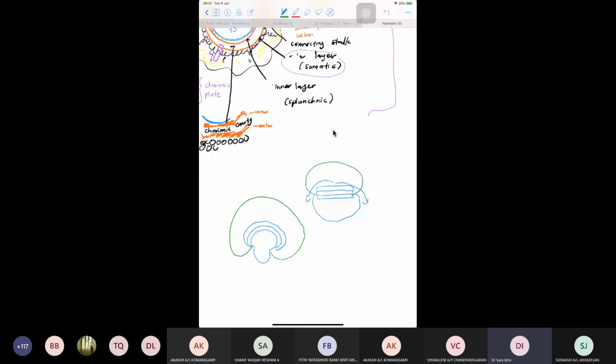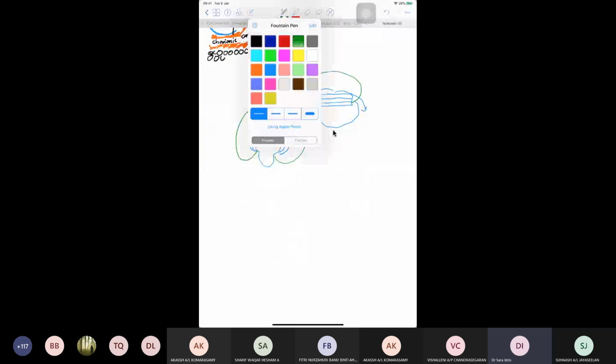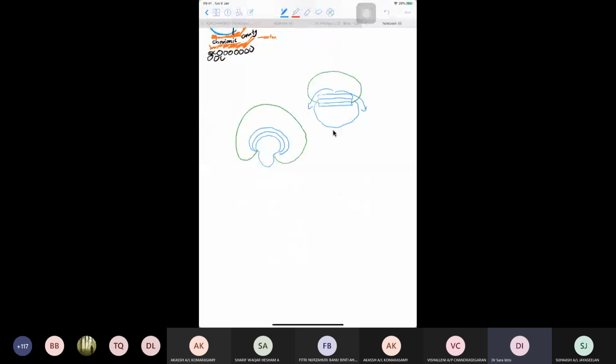Correct? So eventually all this will have the embryo, and then you have a little small yolk sac there, and you have the amniotic cavity. Correct? So all this is when you learn about your embryology with Dr. Reshma, how it folds and everything.